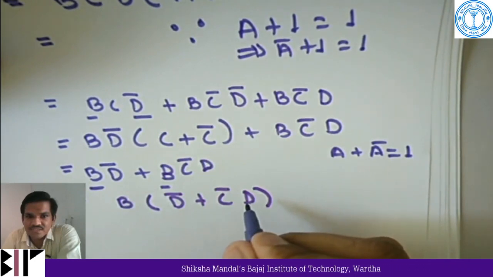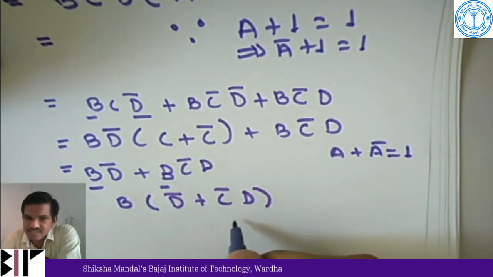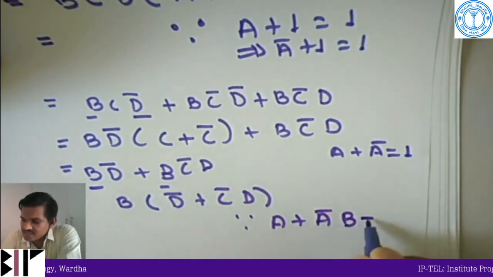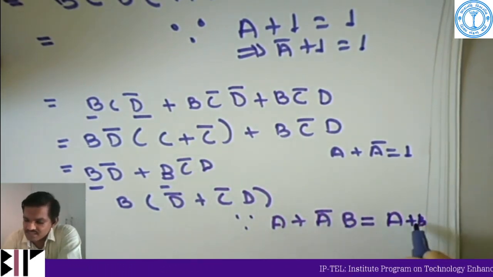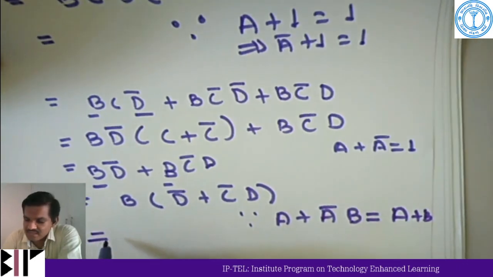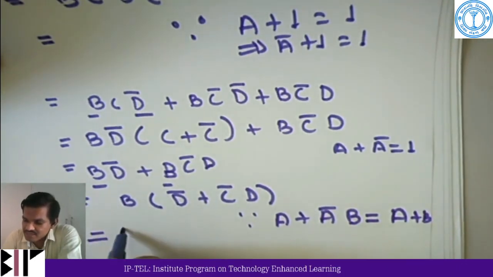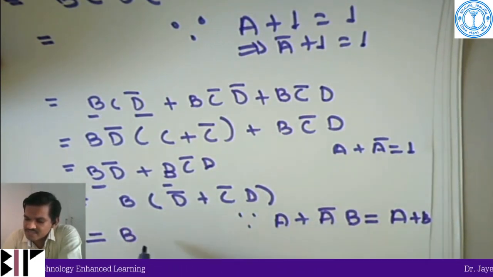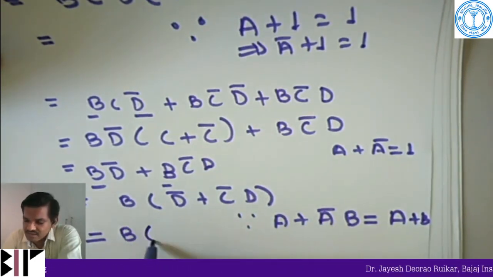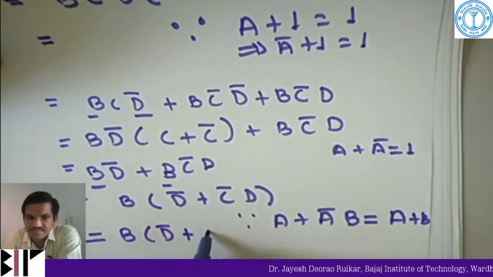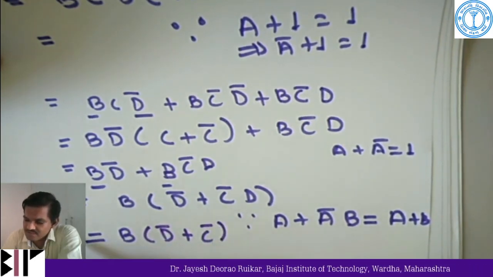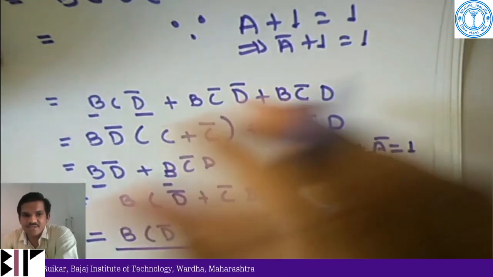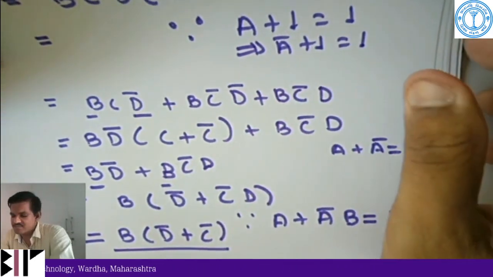Now what is this term? The theorem says that a plus a bar b is equal to a plus b. So this term can be written as b, and based upon this theorem, we will write d bar plus c bar d as d bar plus c bar. So this is the final minimized expression for this logical expression.